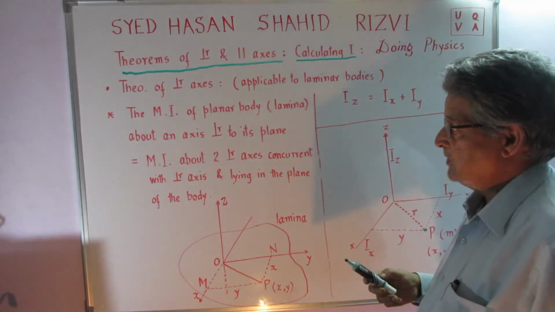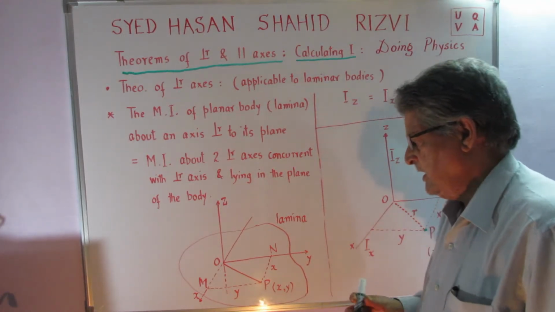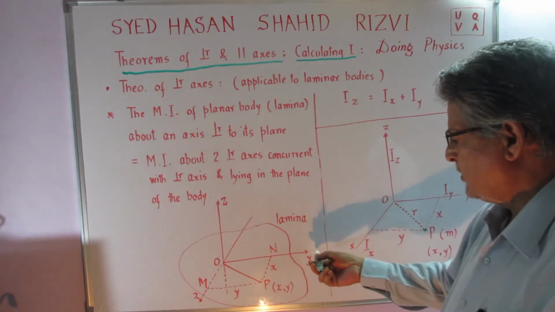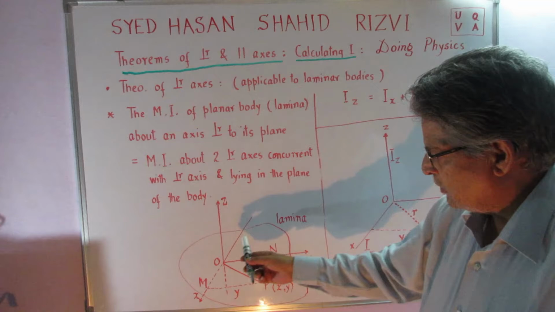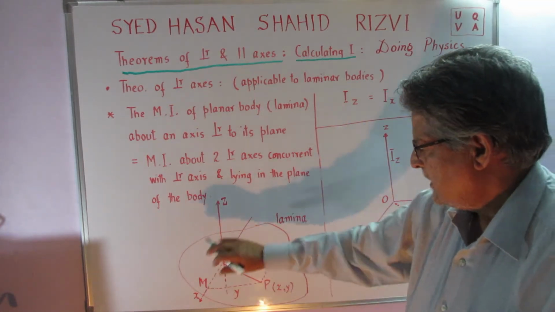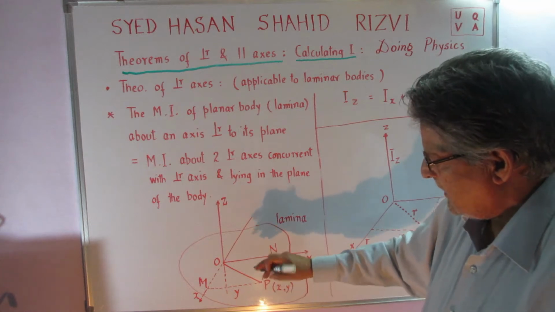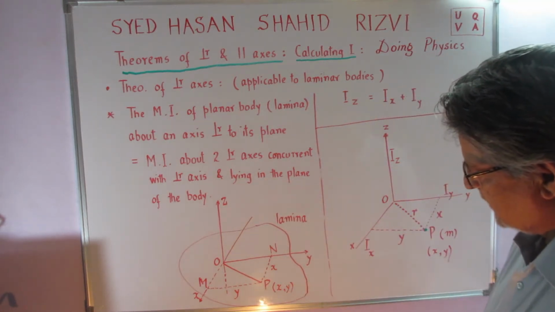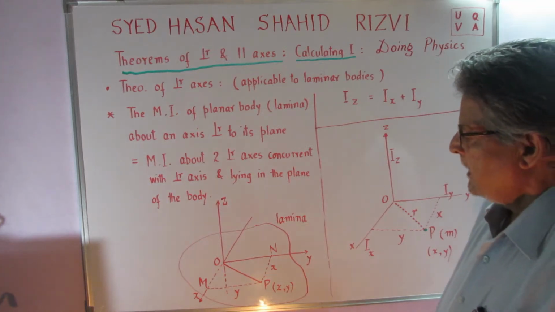Like in the coordinate system XYZ, suppose we know the moment of inertia about the y-axis, we know the moment of inertia about the x-axis, which lie within the lamina, and this one is the center of mass or center of gravity of the system.